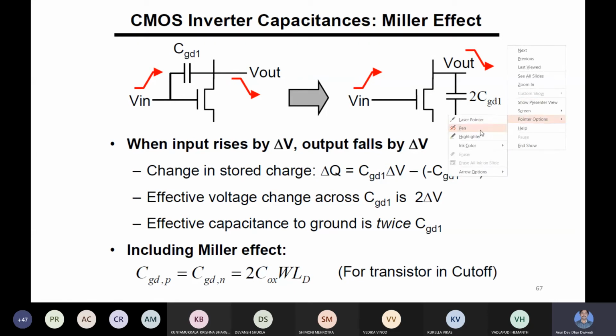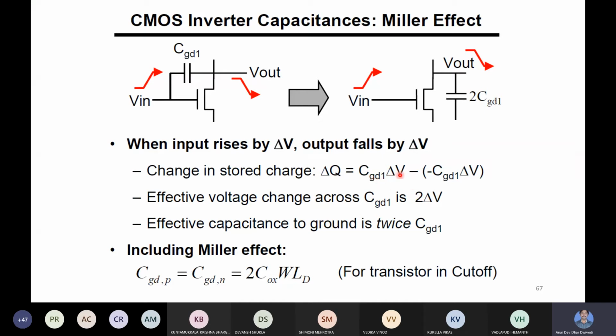Let me take a pointer. So the output is falling from high to low when the input is rising from low to high. If you want to calculate the exact change in stored charge, delta Q equals CGD1 into delta V, because when the input rises by delta V, the output falls by delta V. So at the input side delta V change, at the output side delta V, total 2 delta V change.